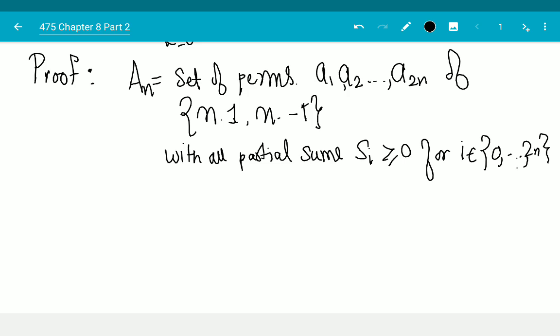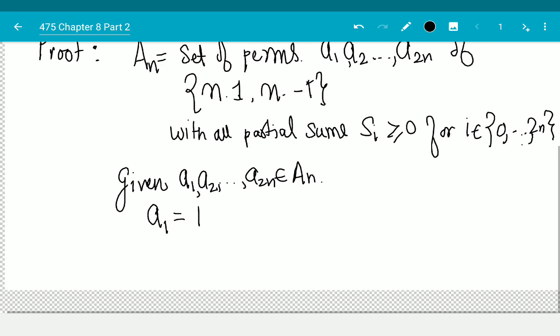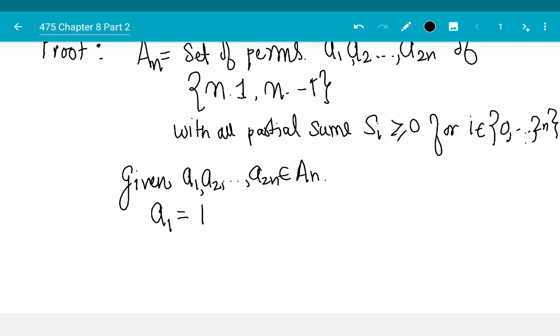Then, given a1, a2, dot dot dot, a2n inside An, because the partial sums have to be non-negative, a1 has to be equal to 1, and because S2n is equal to 0, there is some t.